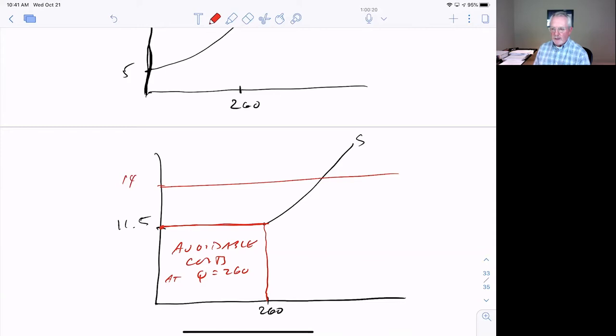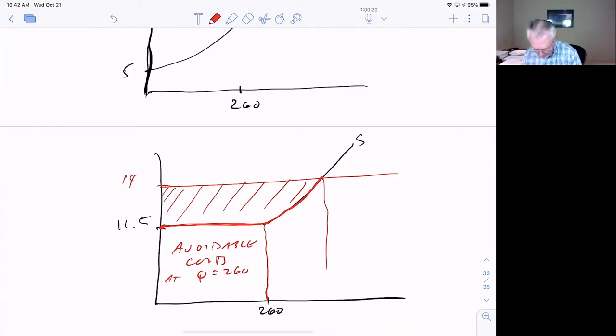That would be the sum of Dan's fixed cost, 845, I believe it was, and his variable costs. Then I have this additional little revenue over and above those total avoidable costs, so my producer surplus in this case would be this area above this horizontal line at 11.5, and then I need to take into account the marginal cost of all the units greater than 260. So I need to add those in.